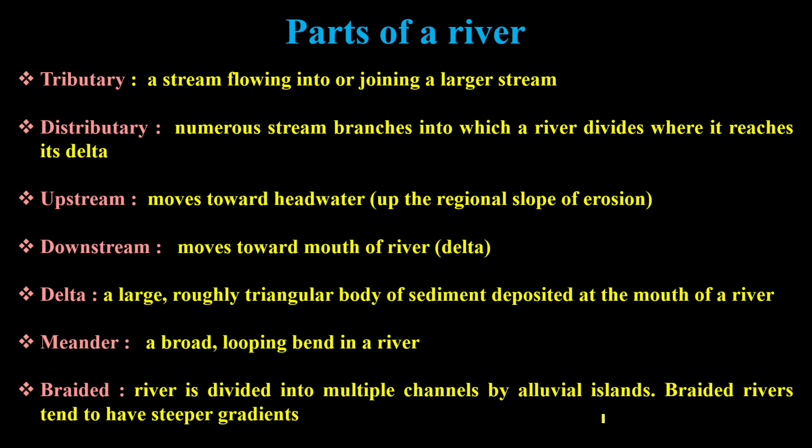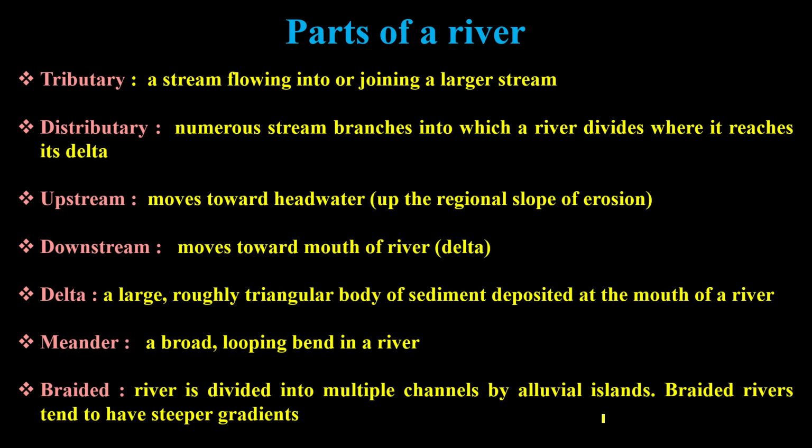Tributaries join the main stream, which increases the volume of the main river. Distributaries, on the other hand, as you can understand from the word itself, are distributing, giving out branches, where a river divides as it reaches its delta.